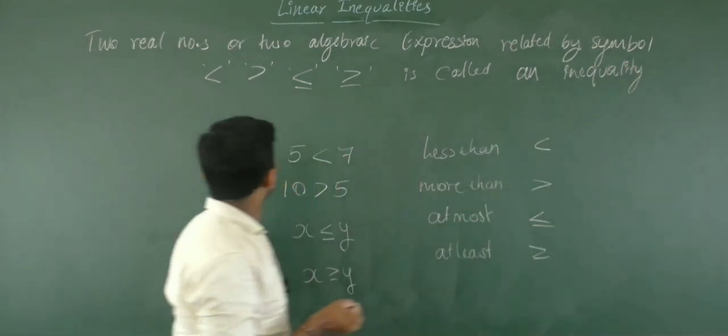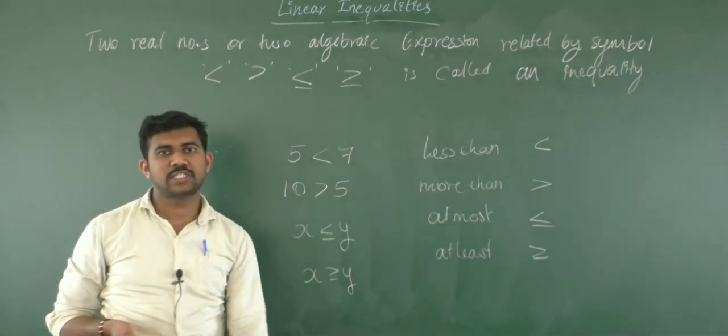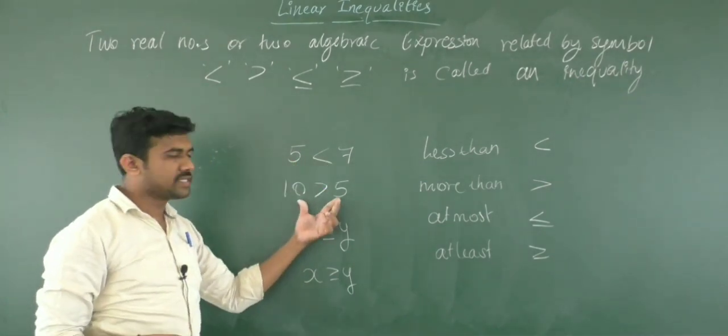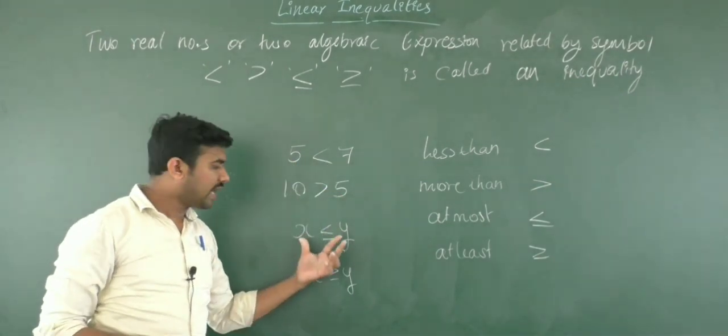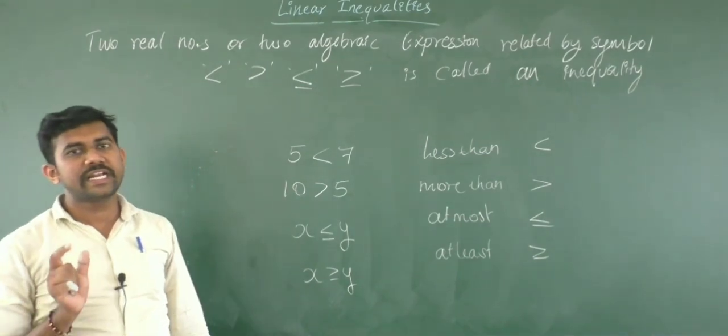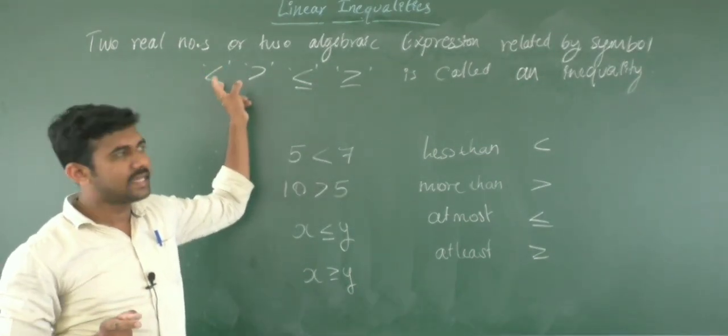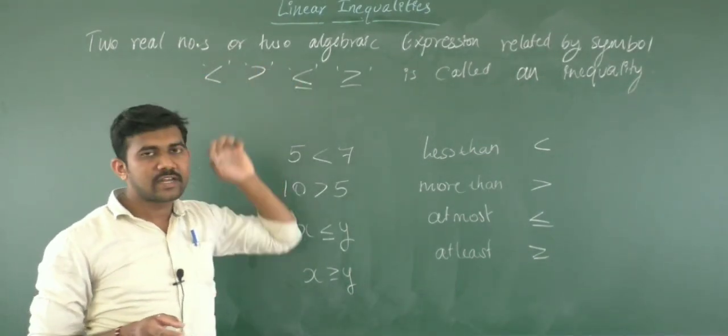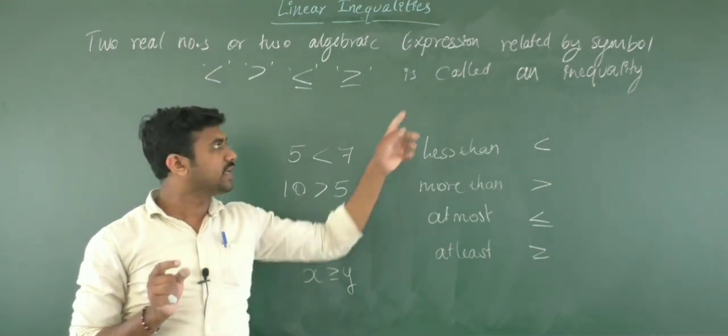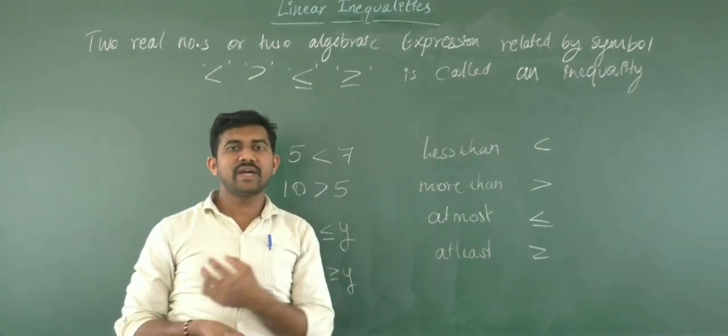Two real numbers, or algebraic expressions, which are related by the symbol less than, greater than, less than or equal to, greater than or equal to is called an inequality.